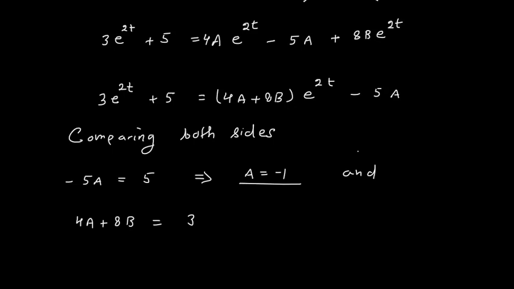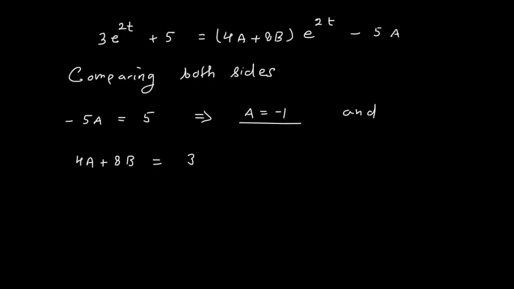For e^(2t), here the coefficient is 4a plus 8b, and here the coefficient is 3. Now the value of a you already got, minus 1, so it is minus 4 plus 8b equals 3.